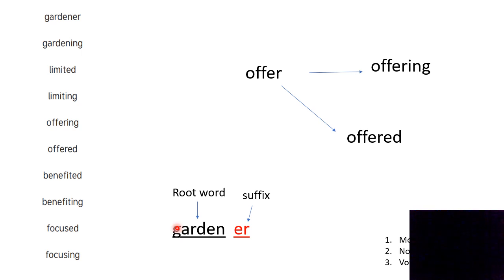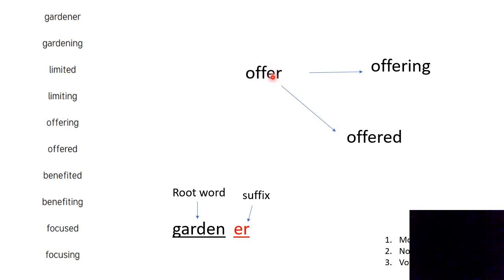The rule is that the word must not be stressed at the end, which means the ones that you sound out for longer. So offer, I stressed the bit at the beginning. Limit, I stressed the I sound. Benefit, I stress that E. Okay? And the other thing, it has to have a vowel and a consonant at the end.